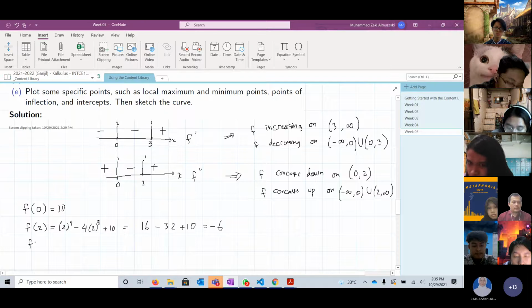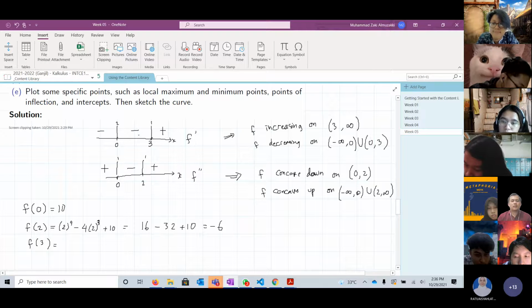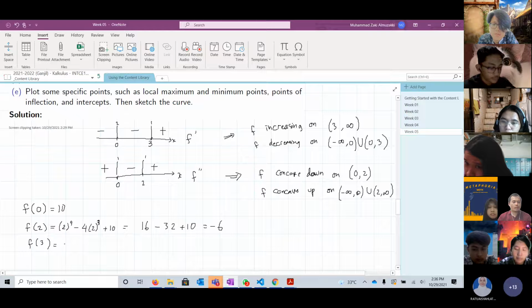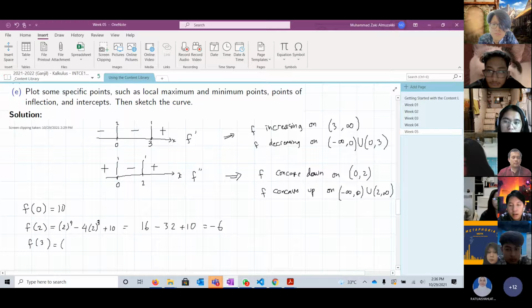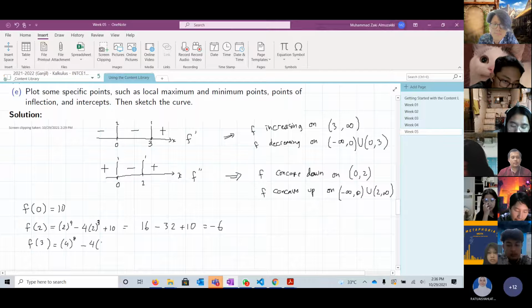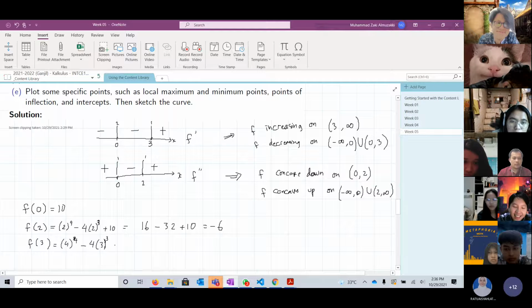And for f(3), we have decreasing and then increasing, so we have a minimum value there, a local minimum, which is 3 power 4 minus 4 times 3 power 3 plus 10.